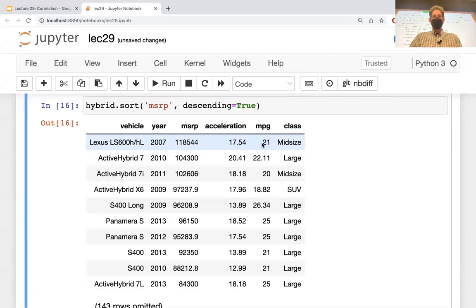Well, actually, not that great miles per gallon, but somehow it was really expensive. So I guess as we look through this, we'll find that there's more going on than just the cars that have the best fuel efficiency are the most expensive. There are other things that factor into the price of a car.